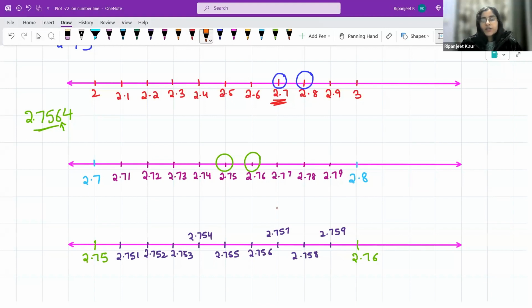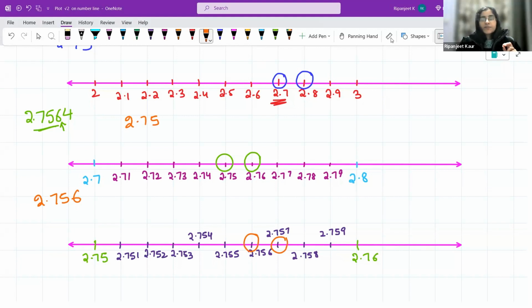Now here we located 2.75, right? 2.75 we have found here. 2.756 we have to find here. So here it is, 2.756. And the next number is 2.757. So the numbers are lying in between them.